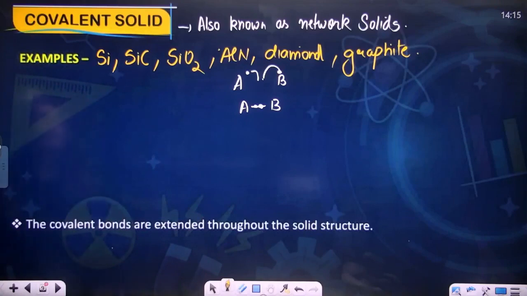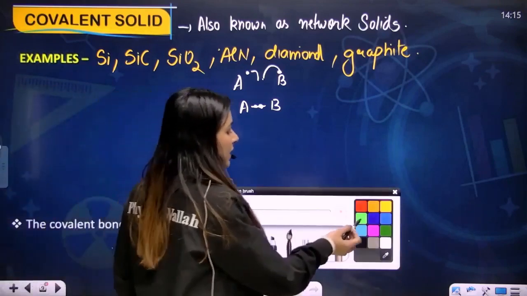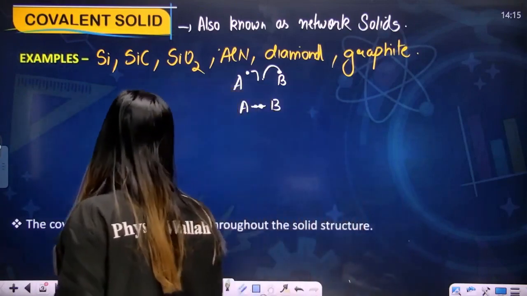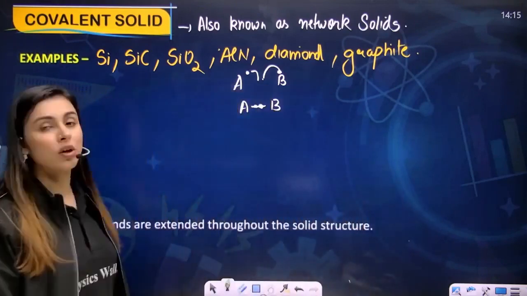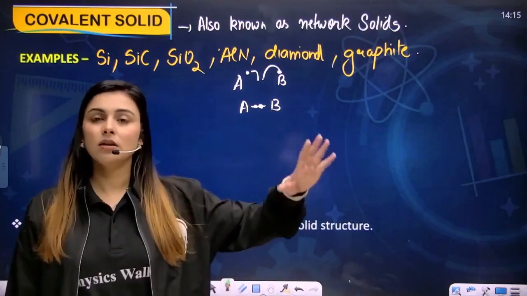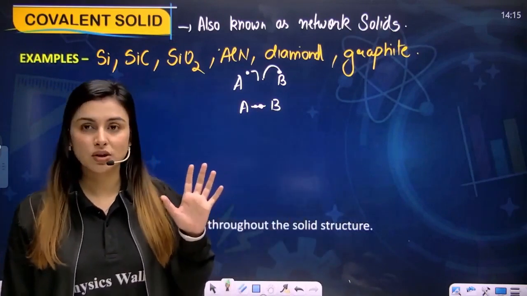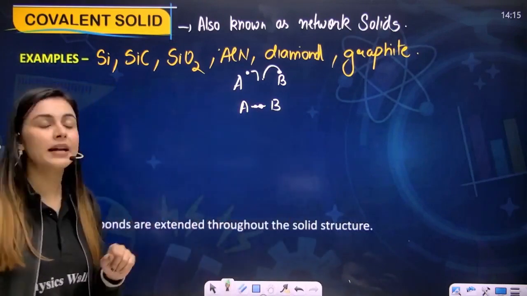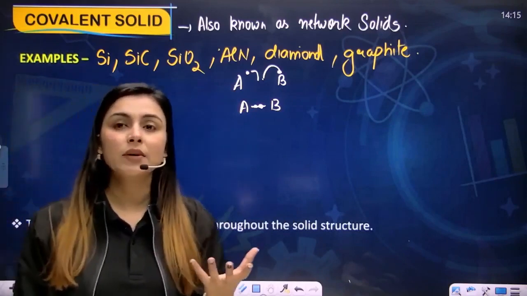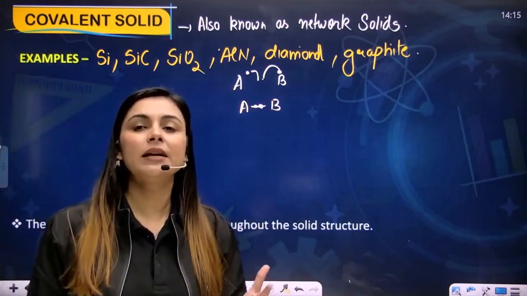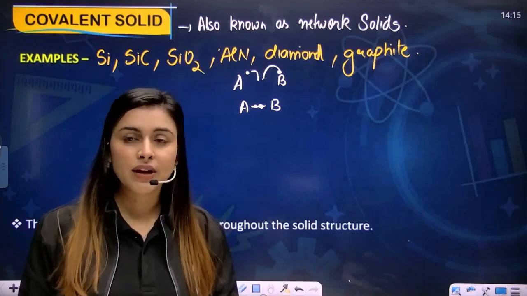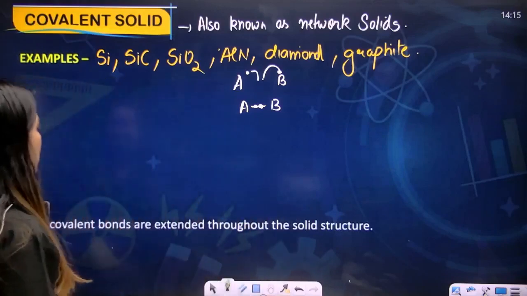Now, my dear students, let's understand this particular part, that the covalent bonds are extended throughout the solid structure. How are they spread throughout the solid structure? Let's take the example of diamond. Diamond is made of carbon, where carbon is tetrahedrally bonded to the other carbons. So what does this mean? Let's talk about diamond.